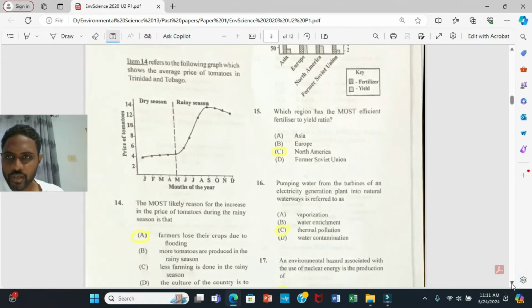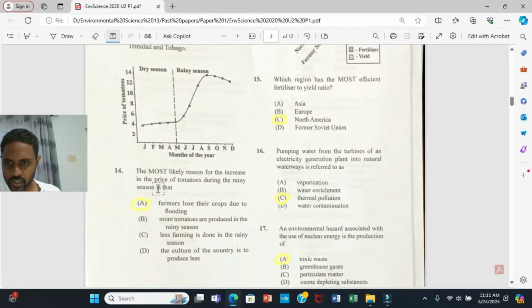Item 14 refers to the following graph, which shows the average price of tomato in Trinidad and Tobago. The most likely reason for the increase in price of tomatoes during the rainy season is that, the best answer, guys, is A, farmers lose their crops due to flooding. Of course, guys, farmers would not stop cultivating, so it could be C.